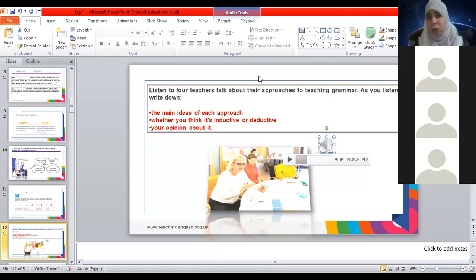And if they need more, maybe she is teaching high level students. Yeah, that's right. Because she wants to focus on the communication skills, so she doesn't want to focus on the rules, and she doesn't prefer to teach in deductive way, as if I say, today we will teach present perfect continuous. So she thinks that it's a waste of time.